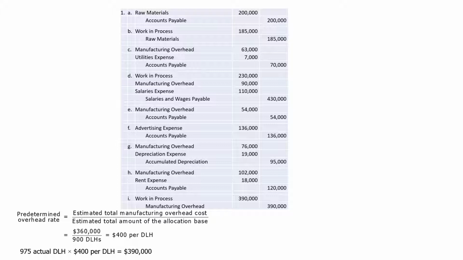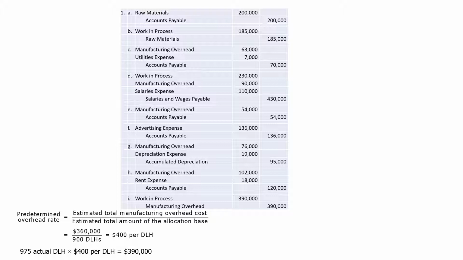So remember, when they're requisitioned to be put into production, we move the cost of those direct materials or indirect materials even out of the raw materials account. They're no longer in raw materials inventory. So we credit raw materials inventory account, debit the work in process inventory account for the cost of those materials.